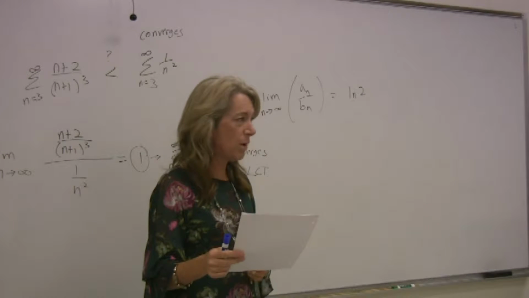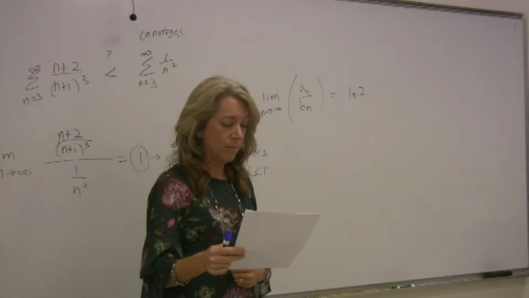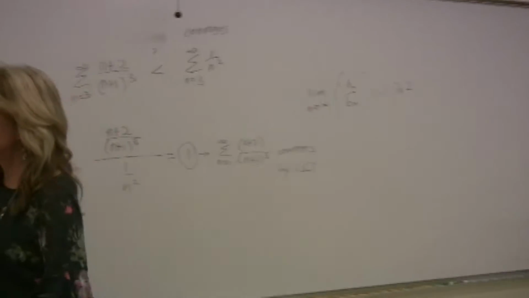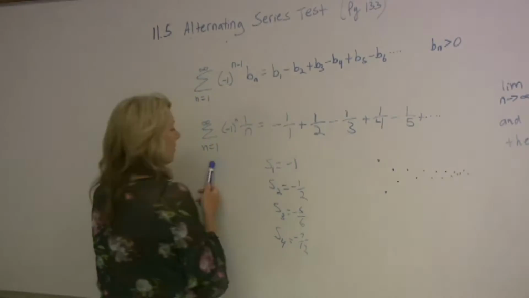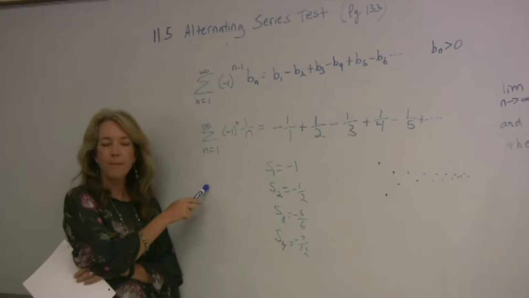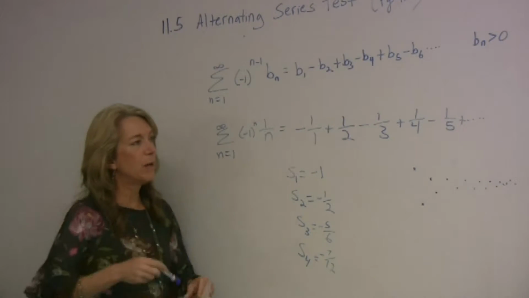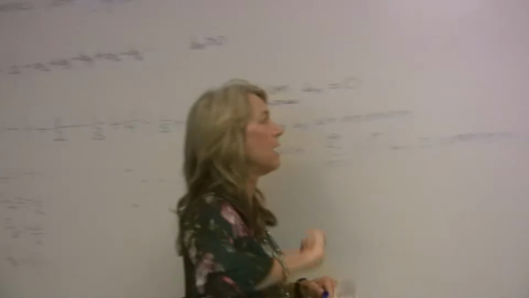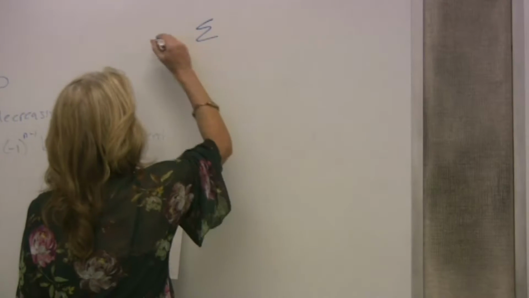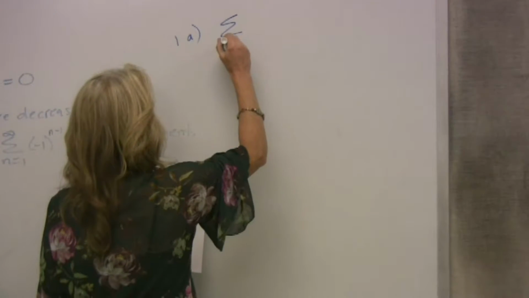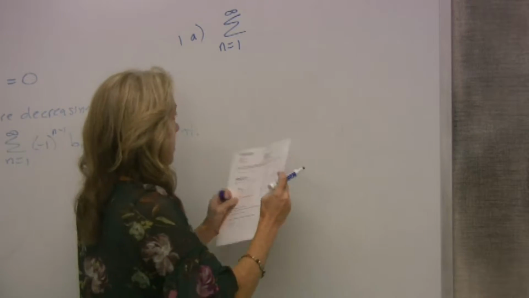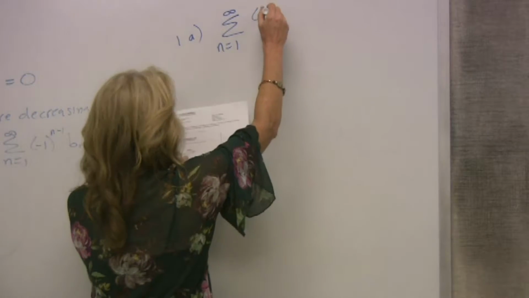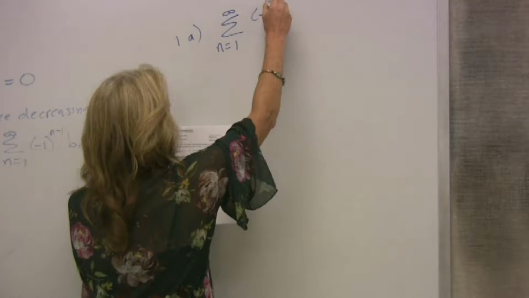So look at my example 1A. How's it different than this example I just did right here? How is example 1A different than that? Usually not over n. That one was over n. Someone just said it, I think.